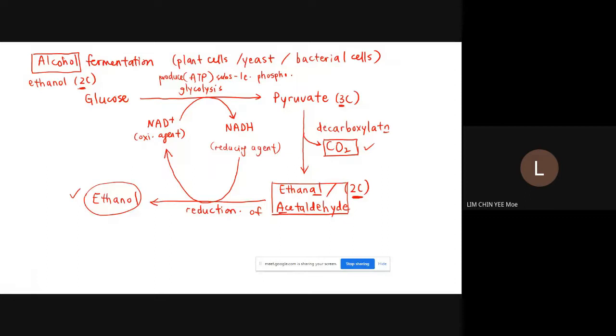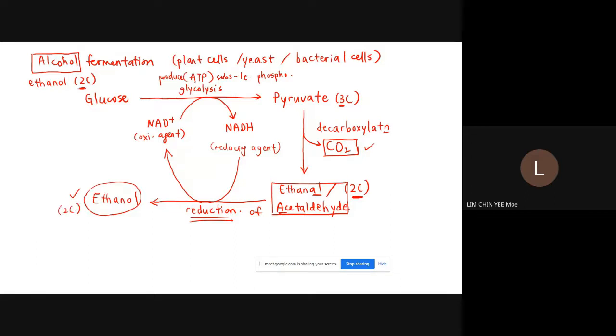Dia kena jadi acetaldehyde dulu, barulah dia undergo reduction, jadi ethanol. Reduction ini reduction siapa? Reduction of acetaldehyde. By what? By the reducing agent NADH. Maksudnya NADH buatkan acetaldehyde reduce. And then acetaldehyde dah reduce jadi ethanol. Itulah final product, which is also 2 carbon.